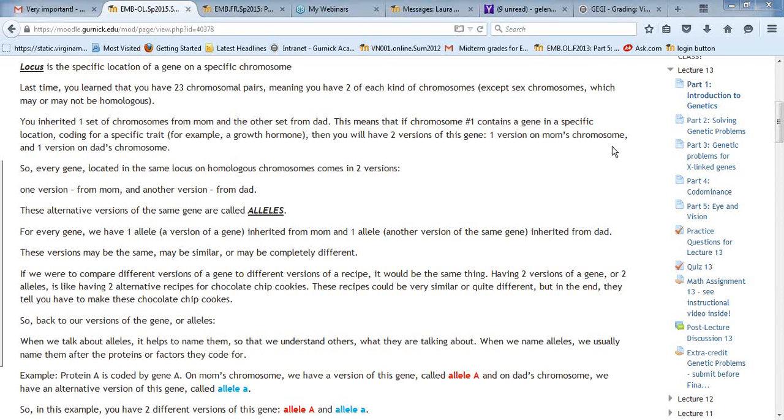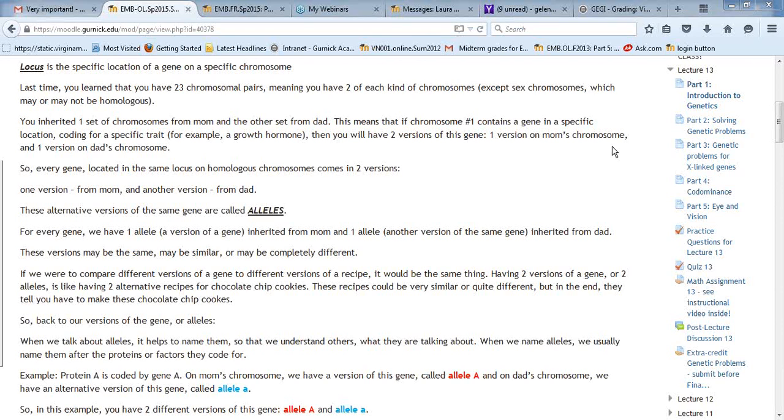So the alternative versions of the same gene are called alleles. So you have one allele, meaning a version of a gene, inherited from mom, and one allele, another version of the same gene, inherited from dad. Sometimes those alleles are the same or similar, and sometimes they're different.